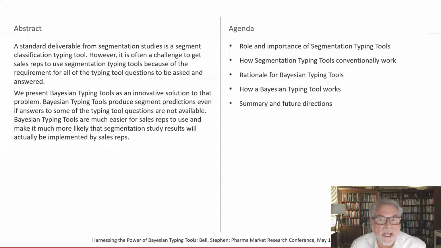We'll take a look at a Bayesian typing tool. I'll show how it works, how it's different from a conventional segmentation typing tool, and frankly, why it's substantially better. And I'll close by pointing to some potential directions for further development of Bayesian typing tools.